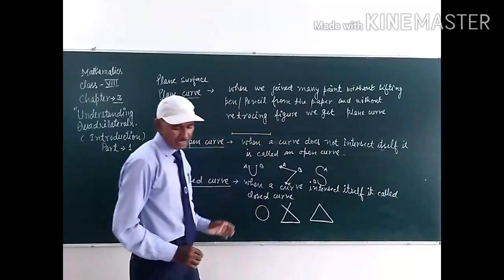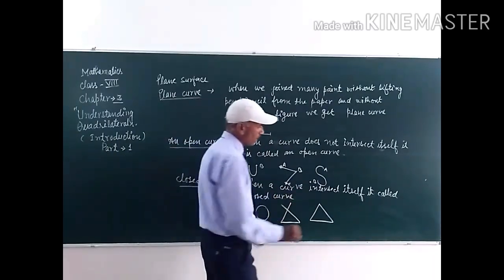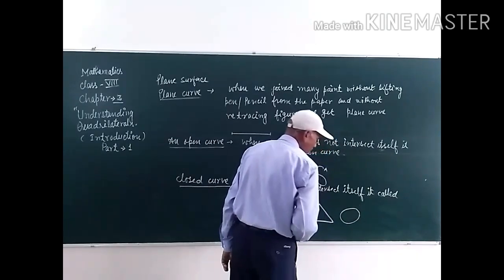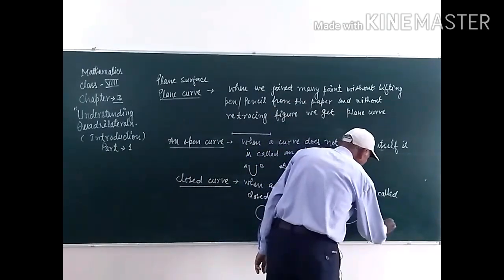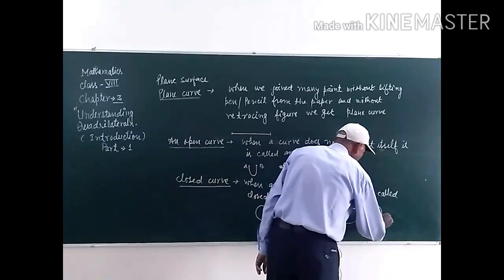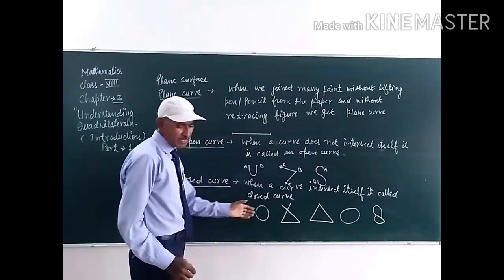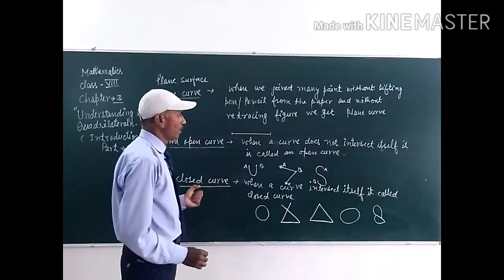These are the examples of closed curve. We can make this like this. This is also a closed curve, and this one is also a closed curve, students. These are the examples of closed curve, students.